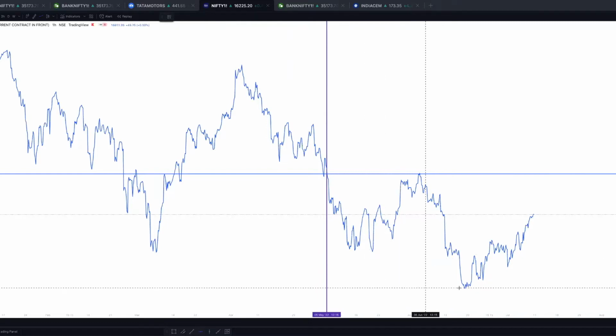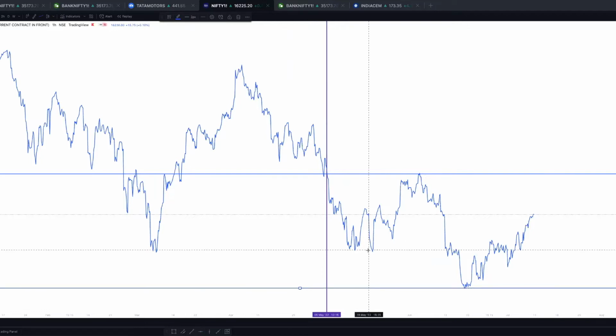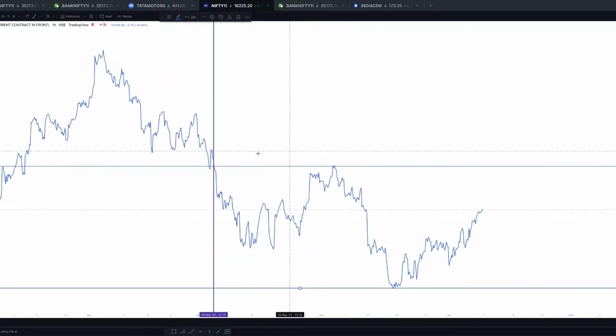Next step, just take the low point and draw a horizontal line. So you have done the first part, which is the enclosing of the field. What we did was identify the high point, and draw a horizontal line over here where it is intersecting the market price. Next, we draw a horizontal line for the lowest point of the chart. That we have done.